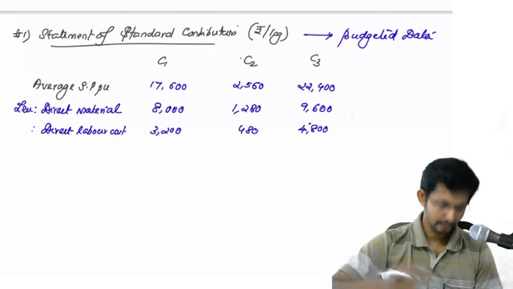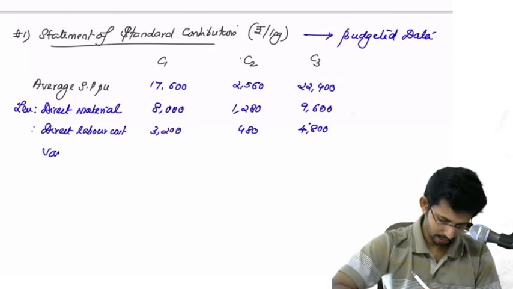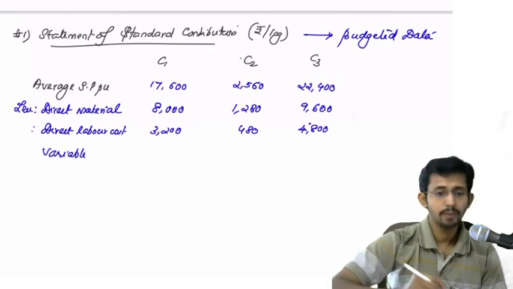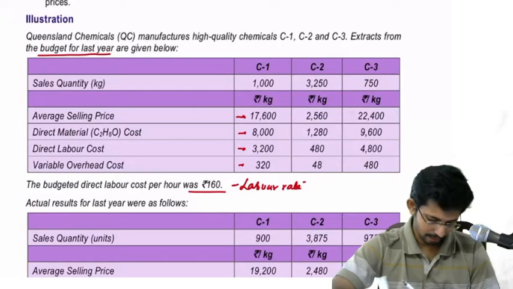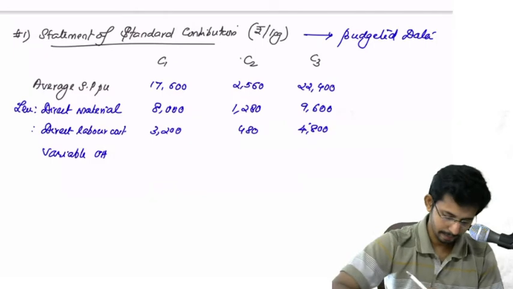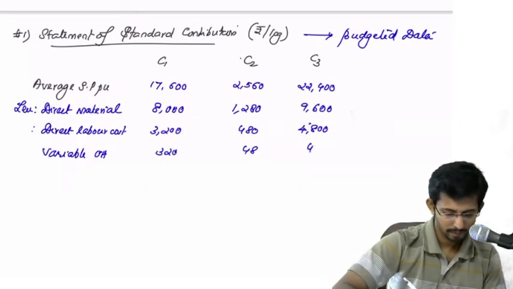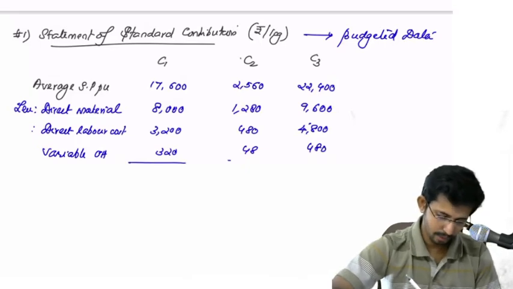Then variable overhead cost. What is the amount? It is 320, 48, 480. So you get what?